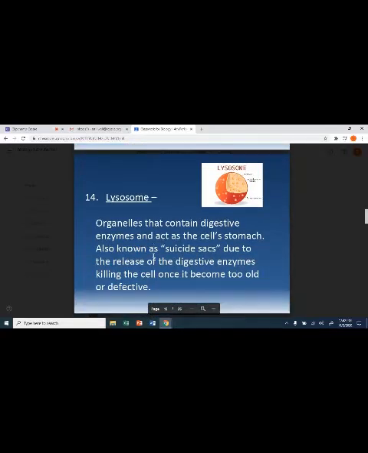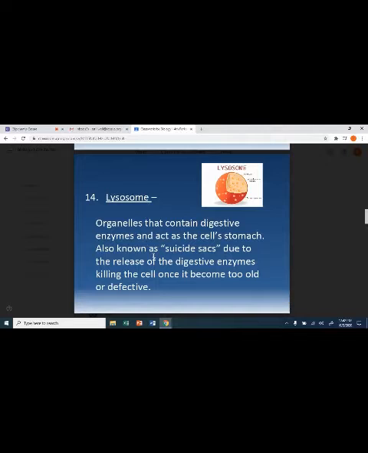Lysosomes, a lot of people usually remember lysosomes after going over a few facts about them. They are the organelles that contain digestive enzymes, so they're essentially the cell's stomach. There's lots of them throughout the cell. But they have another job.